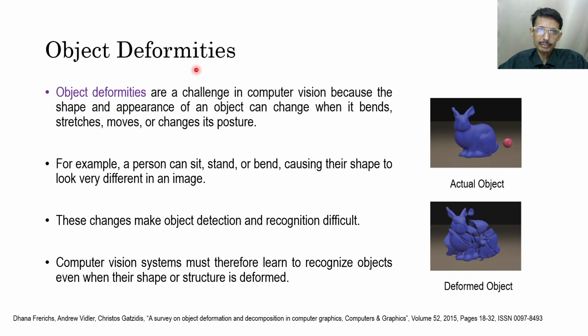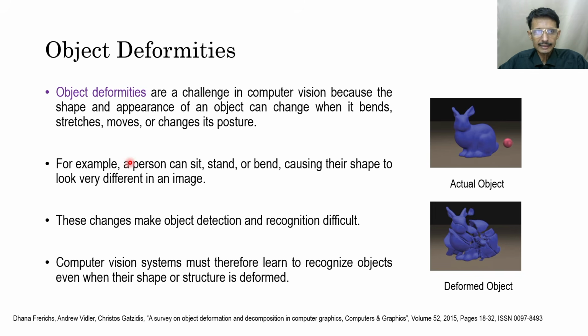Next is object deformation. You can see here that these are basically the same object, but it is broken or deformed. Object deformation is a challenge in computer vision because the shape and appearance of an object can change when it bends, stretches, moves, or changes posture. It's a broken image, but it is the same object. Our model should understand it is the same but broken.